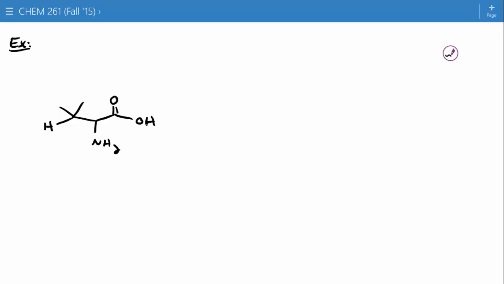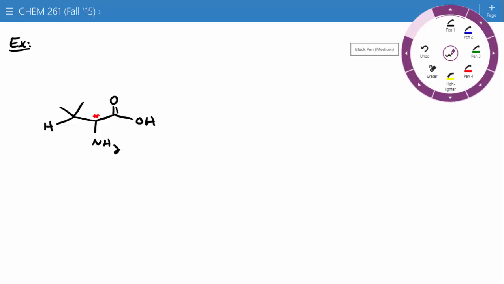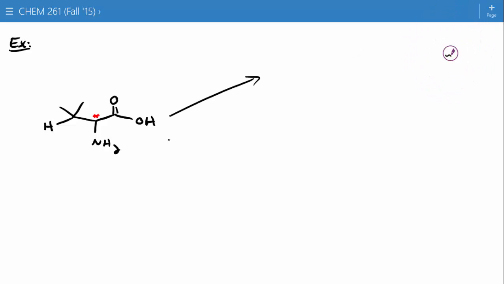Let's identify the stereo center in here. Did you guys identify it? All right, so we've got a stereo center right here. So the question is, we have two different types of this molecule. Oops, sorry, this should be SH.